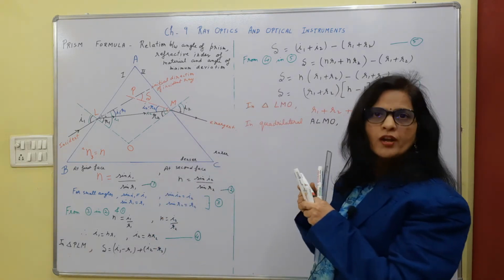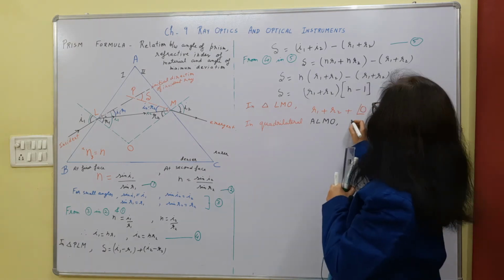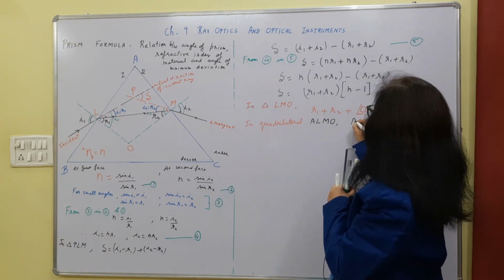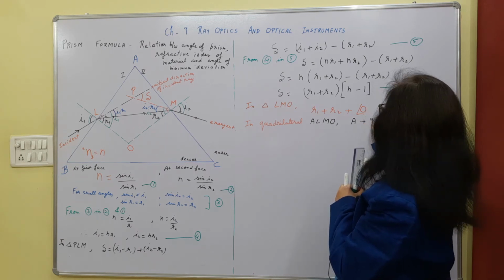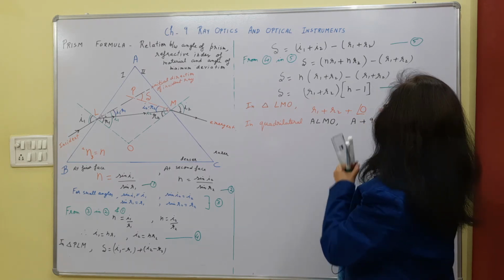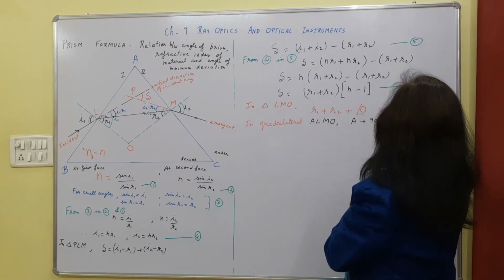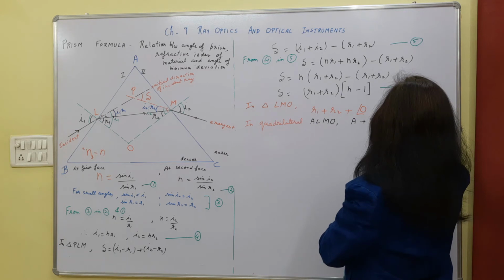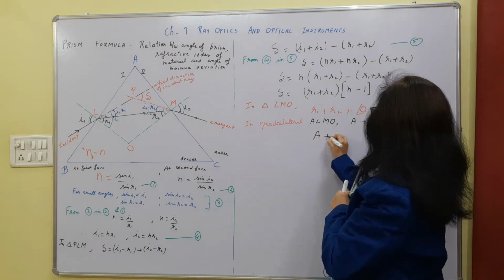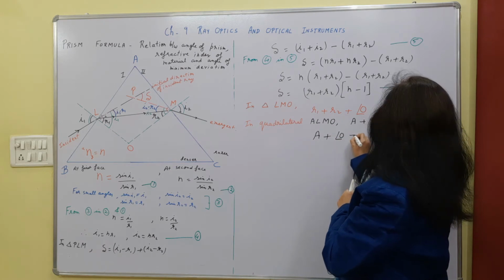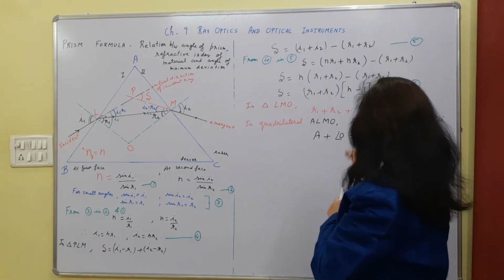So the sum of all angles of a quadrilateral is 360. So we can write angle A plus 90 plus angle O plus 90 is equal to 360 degrees. So this will give you angle A plus angle O is equal to 180.